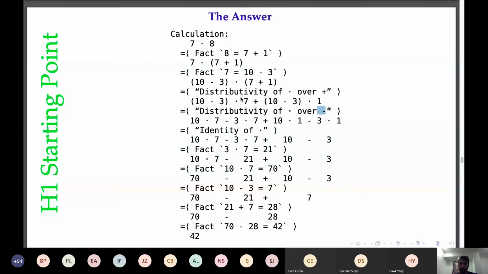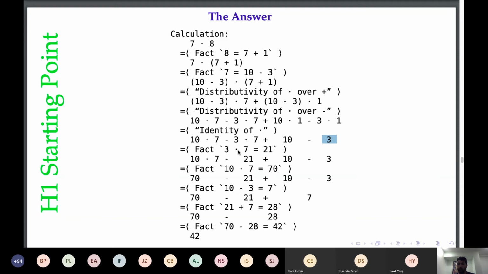So here's times 7, and it goes over here, and here's times 7, it goes over here. And then likewise for this side, we say times 1 to the 3 and times 1 to the 10. Okay, so everything looks fine and dandy. And then we realize multiplying by 1 is the same thing as not multiplying by anything at all. That's what identity means. It means do nothing, leave it alone.